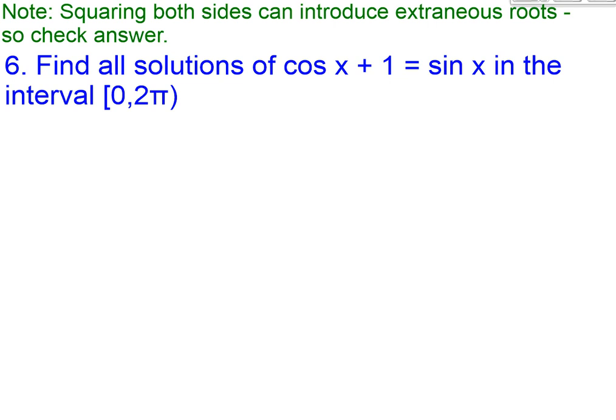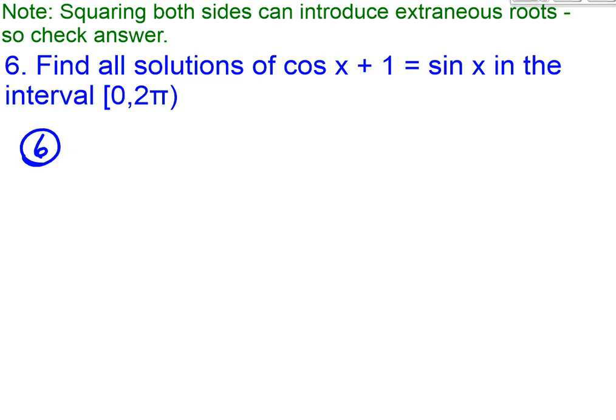But if I have cosine squared and sine squared, I can replace one of them with 1 minus sine squared or 1 minus cosine squared. But it can introduce extraneous roots, and so you have to make sure you check your answer if you're squaring both sides. And we've experienced that when we've done radical equations in previous work.